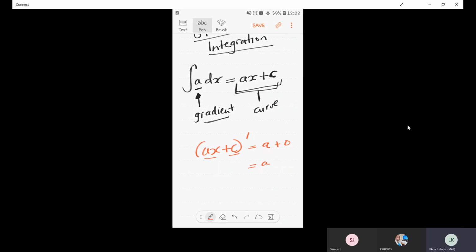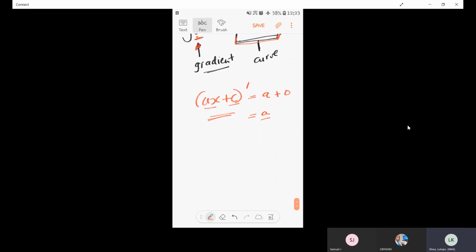And this is just a, which is what I was doing there. So when I ask you to integrate, I'm saying give me a function that when I differentiate it, the answer is equal to the function that I gave you. That's what integration means. And the next one we look at is the integral of x to the power of n dx.